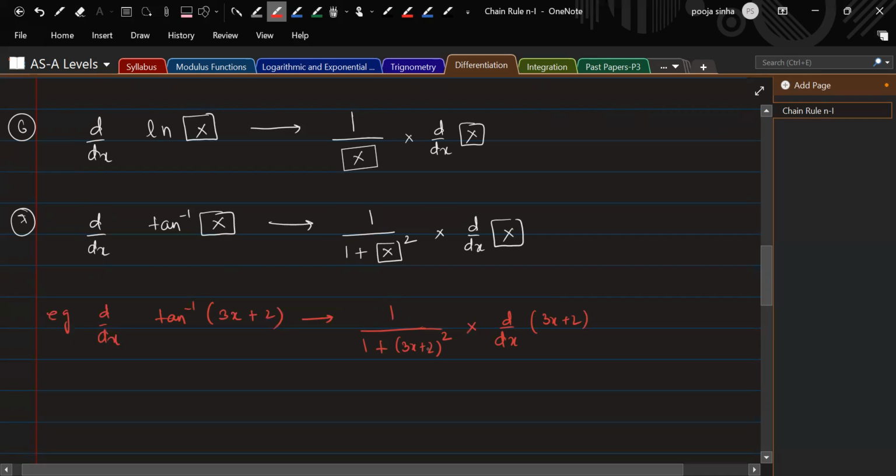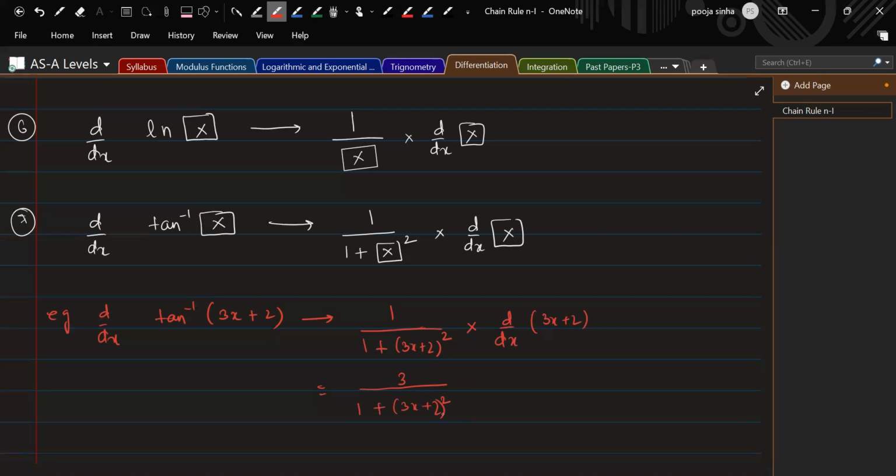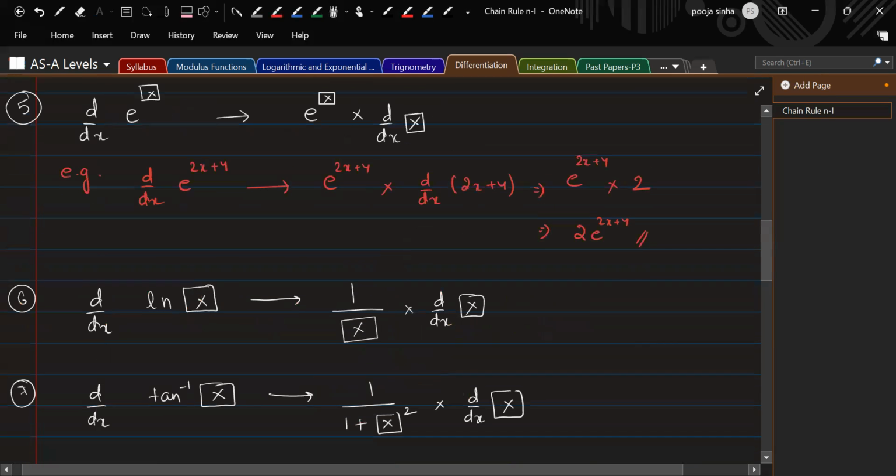So the final answer would become 3 upon 1 plus (3x plus 2) whole square. Correct? Then you can open the bracket, apply the formula and get the simplified answer. Okay?